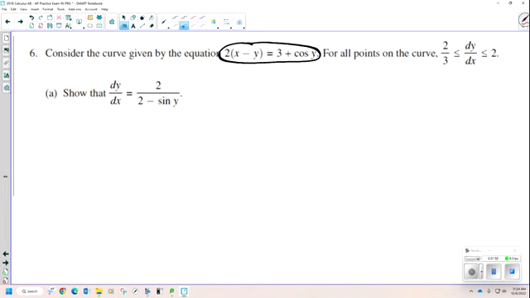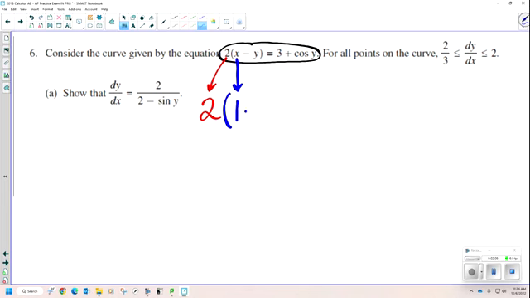So let's begin. The derivative of 2, well, that's a constant out front, so we're just going to keep that. Now I take the derivative of x, which is 1, minus the derivative of y, which is 1. But when I take the derivative of y, I put 1 dy/dx, okay, equals.